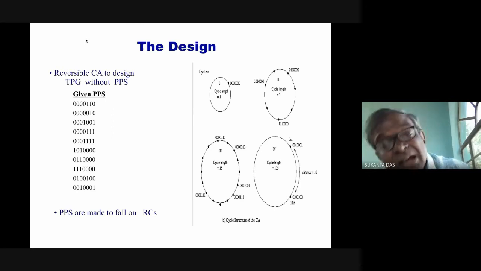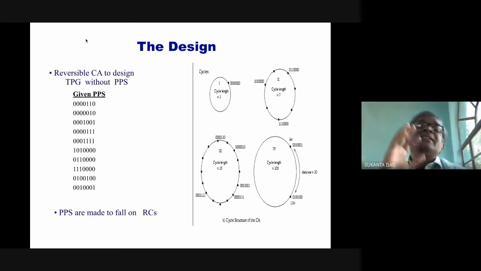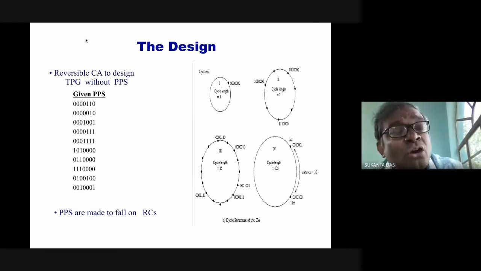But sometimes it happens that a few patterns, very few patterns, are still in the large cycle. Here in the example I have shown only 2 patterns out of 8 patterns remaining. All others are covered by the other cycles, but 2 patterns remain in the larger cycle.